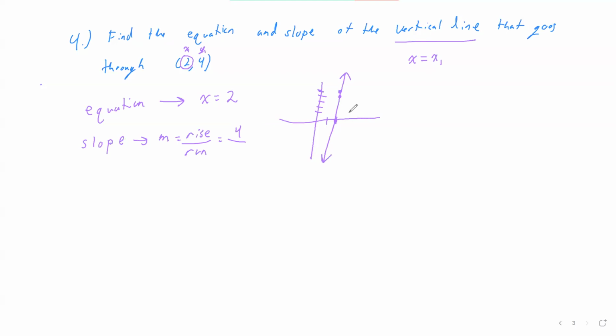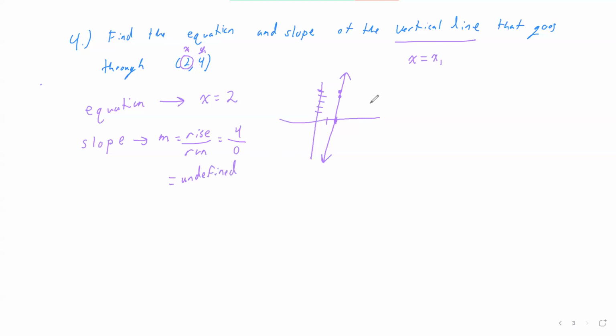How many did I run, though? Remember, run means going left or right. To get from this point to this point, I didn't do any running. Now, on a fraction, can you have 0 on the bottom of a fraction? No. This would mean that it's undefined.